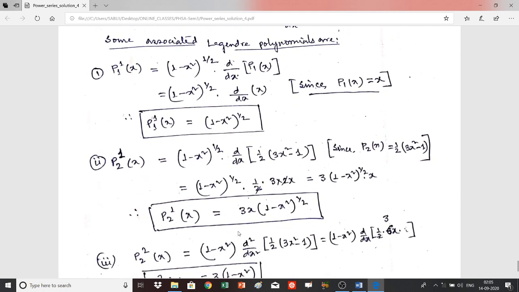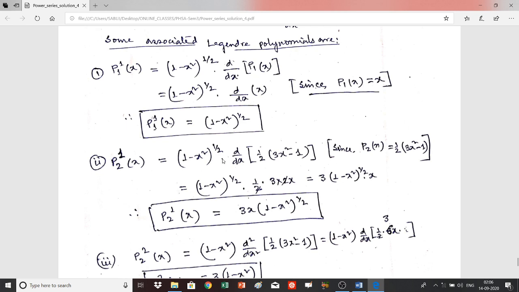Then the second order, if you wish to find out P2^1, that is the second one. So it will give you 1 minus x square to the power half d by dx of P2(x).